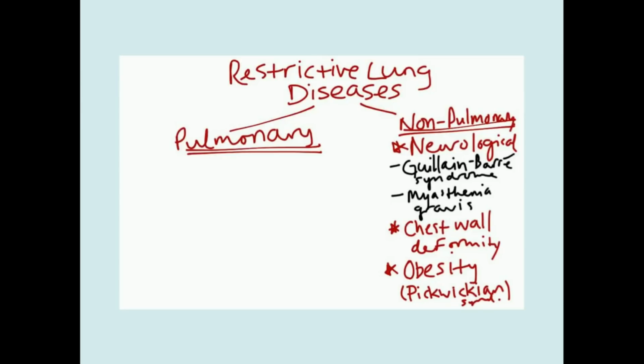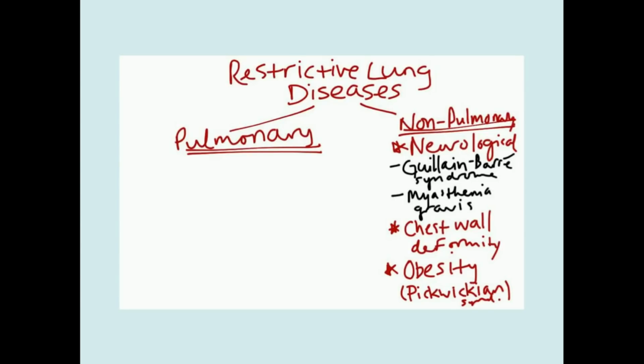If the muscles that help you breathe aren't working, that's going to cause a restrictive pattern because you're not going to be able to breathe in as much, and it's going to be harder for you to breathe out as well. Those can be things like Guillain-Barré syndrome and myasthenia gravis. Those are both neurologic syndromes.